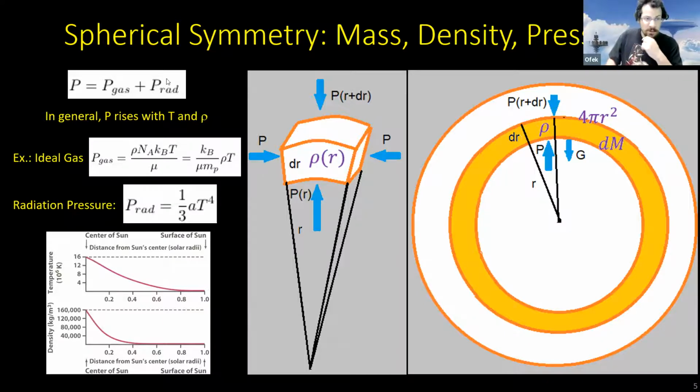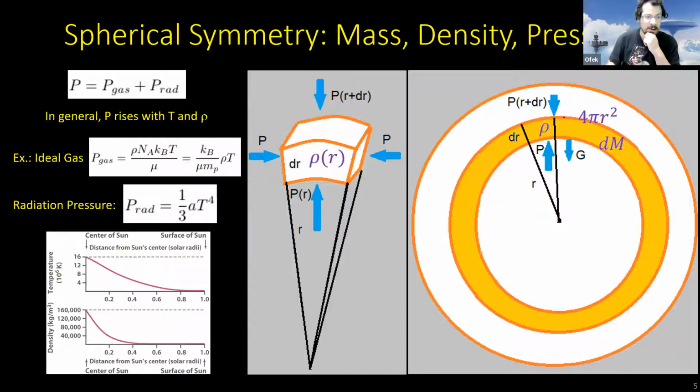Pressure is not so trivial. Pressure can come from different sources, gas pressure or radiation pressure. In a star like our sun, gas pressure is the only thing that's relevant, because the temperature is not high enough to induce a high enough radiation pressure. But as you'll see in the tutorial, for stars of higher mass, the core temperature can rise a lot higher.